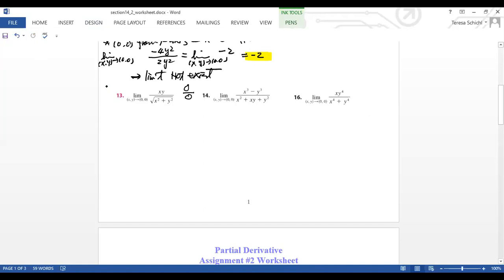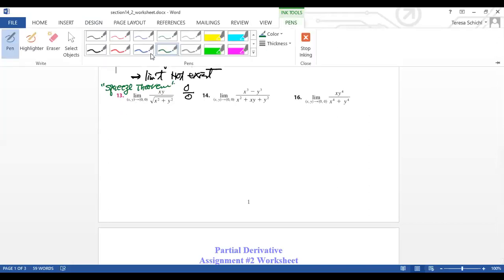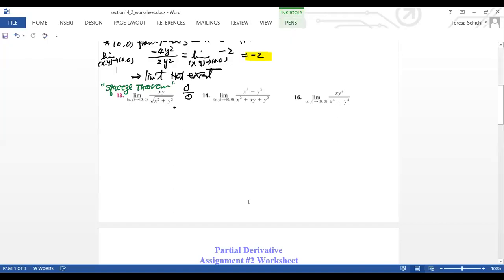The different approach we're going to use is called the squeeze theorem, or some people say the sandwich theorem. That means if both ends approach some number when you squeeze it, then the middle has to approach that number too. So take a look here at this y, and this x^2 + y^2.